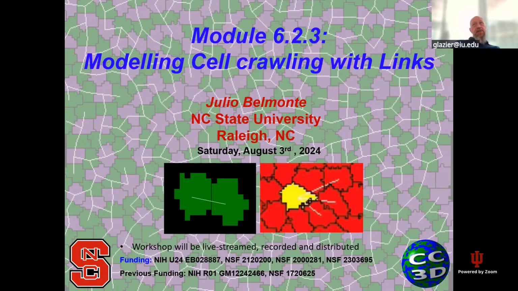And in this case, you're really thinking about the link as something that's a physical object that's being thrown out and pulling on its neighborhood. In the first case, perhaps we think about the links as representing actin within the cell. Here we're thinking about a filopodial extension of the cell.